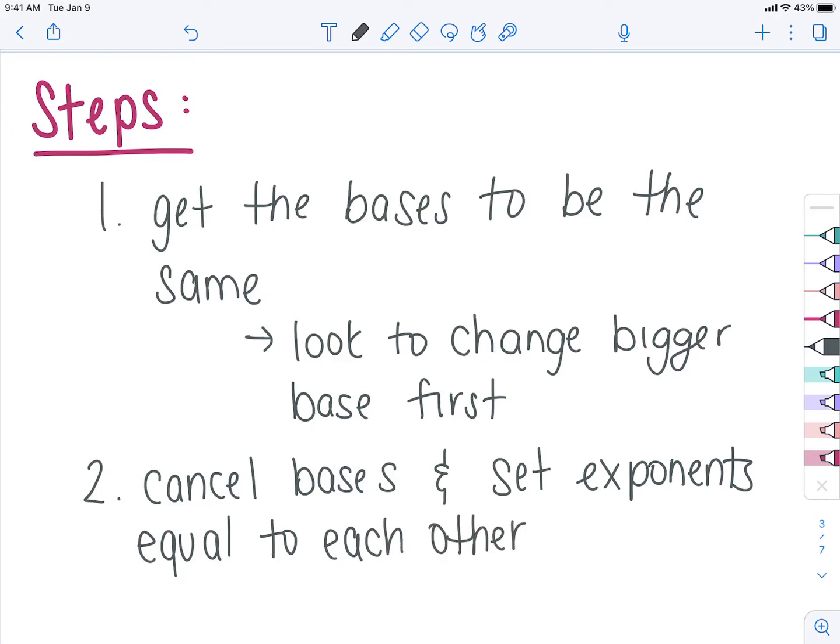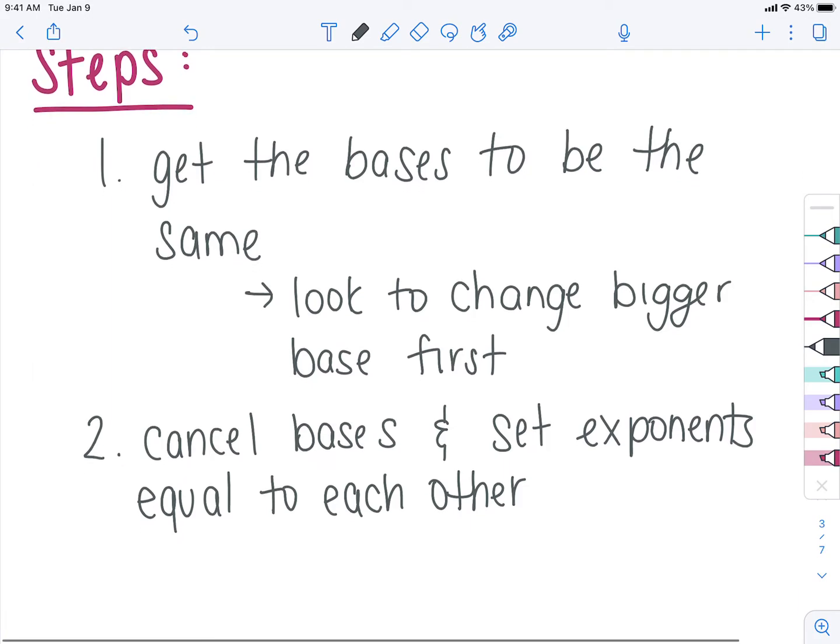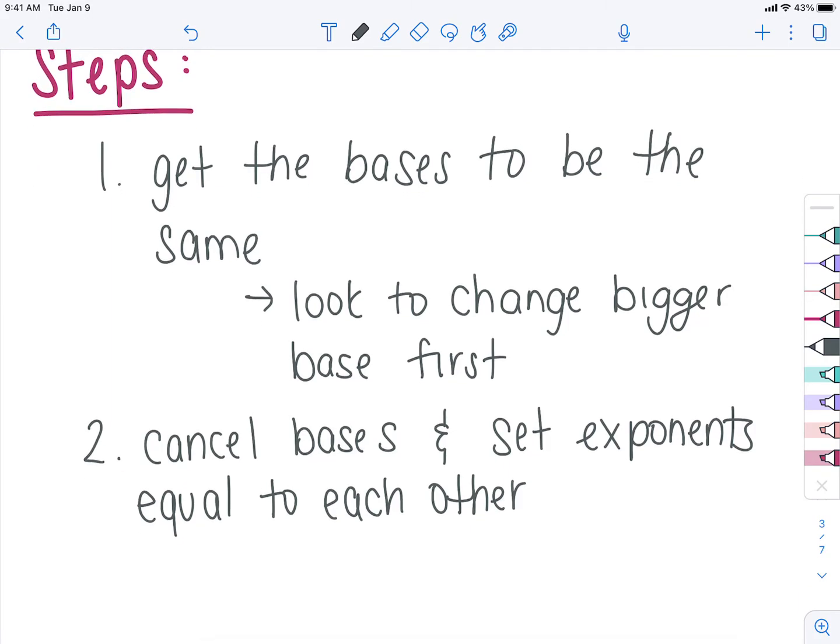And then we're just going to solve. Because at this point, once we cancel the bases and set the exponents equal, we're going to be left with equations that we already know how to solve. So we're just going to solve.